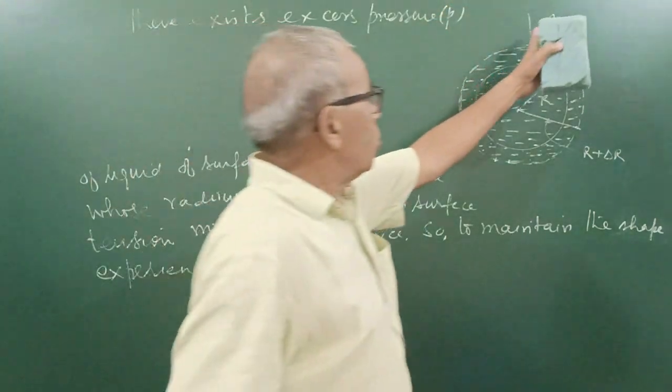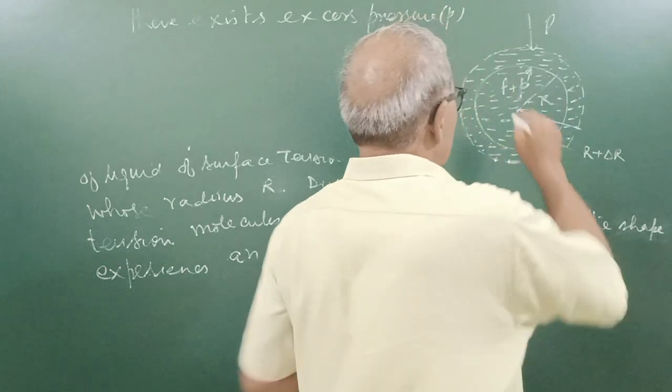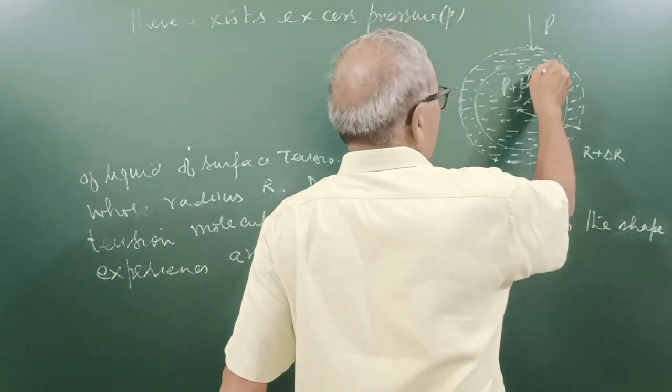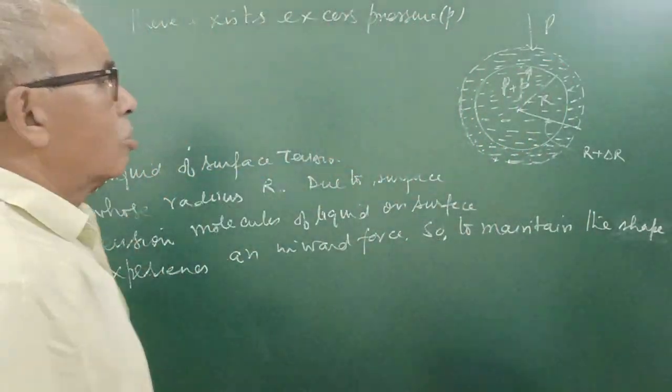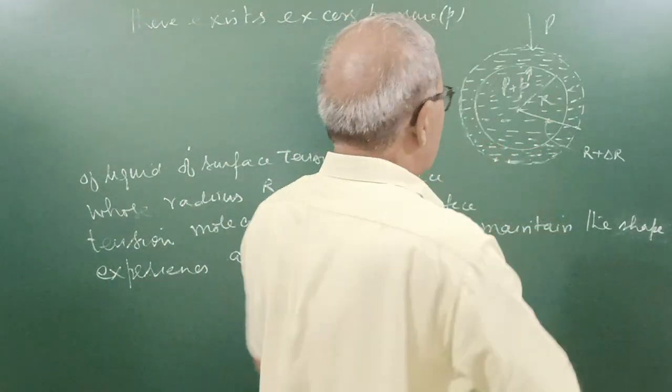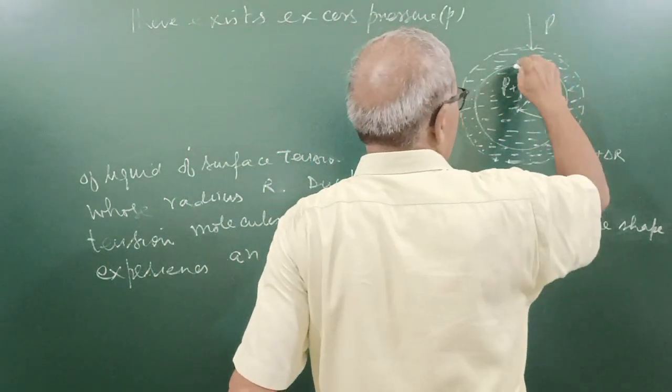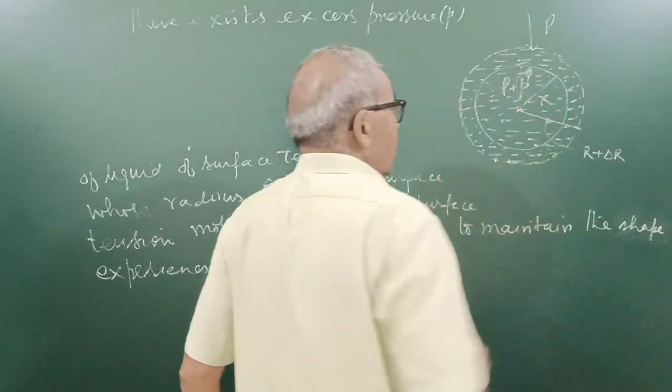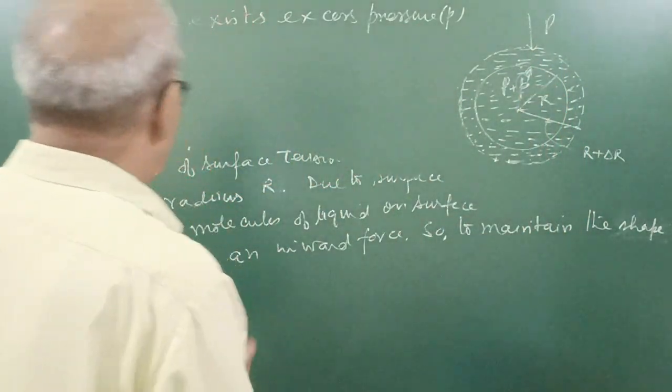Here the outside pressure equals the inside for equilibrium. Actually for equilibrium, p plus this extra pressure is balanced by this. This small p maintains the shape.